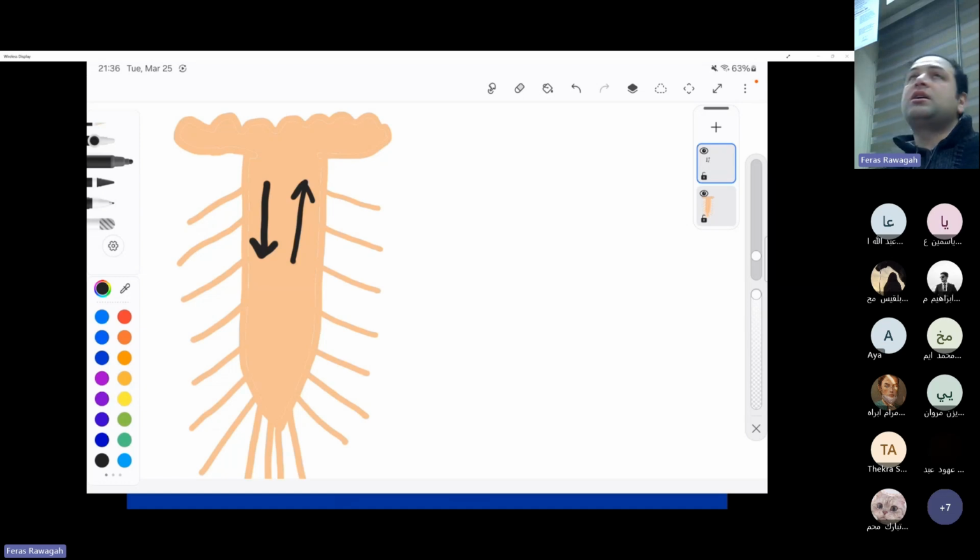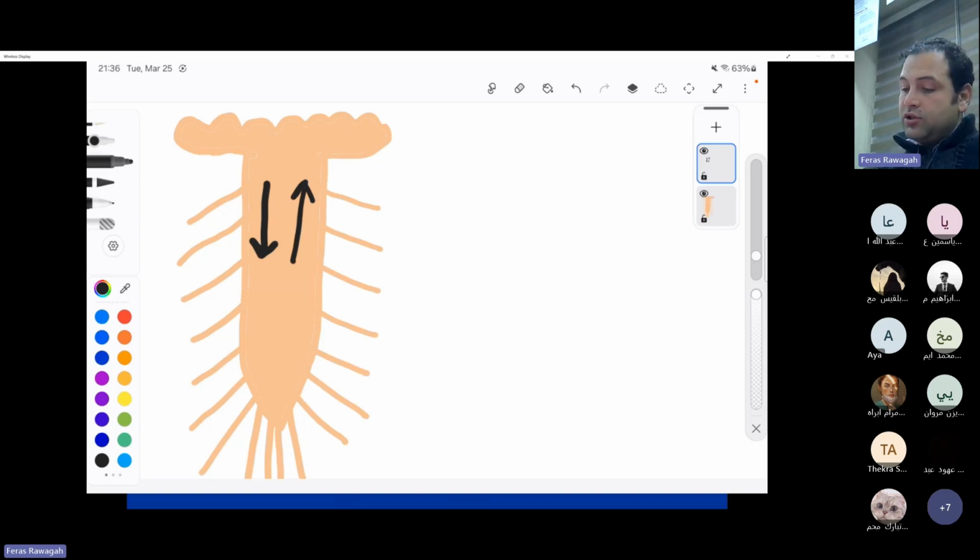And we have also the dorsal column of the spinal cord, which transfers the fine touch, the vibration, and the proprioception, the deep sensations. So we have descending fibers, we have ascending fibers. Ascending fibers are the spinothalamic tract and the dorsal column, and the descending tracts are the pyramidal tract and the extrapyramidal tract.